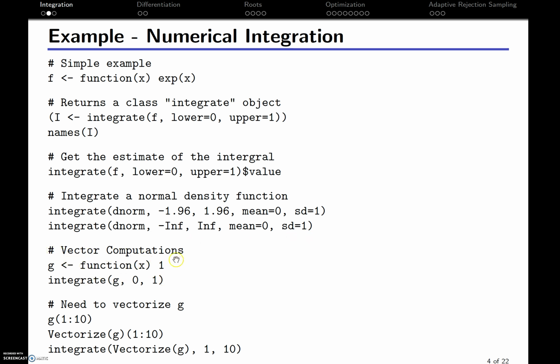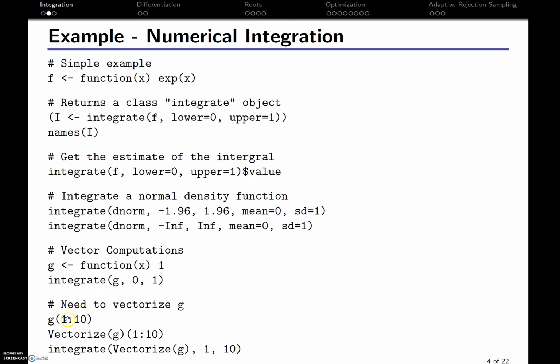You can define a function like this. So we have here our function g that has the value 1. We can integrate from 0 to 1. Simple argument, right? But we need to vectorize g. So notice g from 1 to 10. Okay, so that's just going to give you 1 for any value, of course.